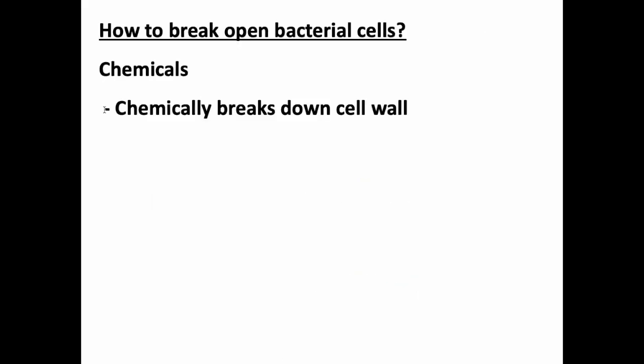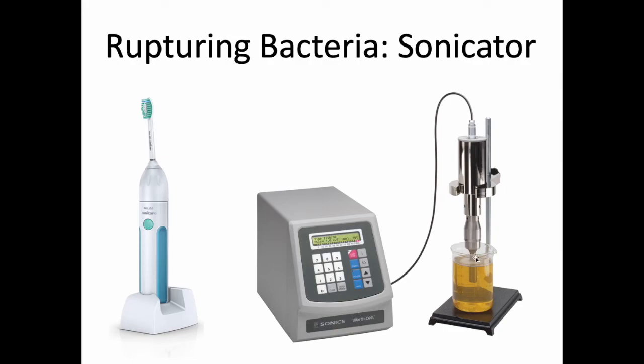So how to break open cells? Chemicals, which will chemically, again, I'm being vague because there are a lot of ways to do this, break down the cell wall. That's going to liberate the contents of these cells. Or we could use something called a sonicator, which, I have a Sonicare toothbrush over here. It's not a coincidence that they both have Sonic in the name.